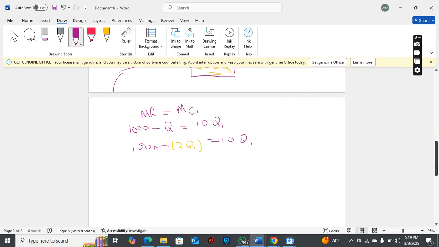Okay, so here 1,000 minus 2Q1 equals 10Q1. So group like terms together. 1000 equals 10Q1 plus 2Q1. 10Q1 plus 2Q1, that is 12Q1.